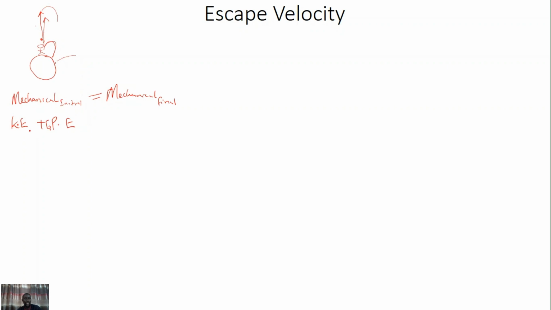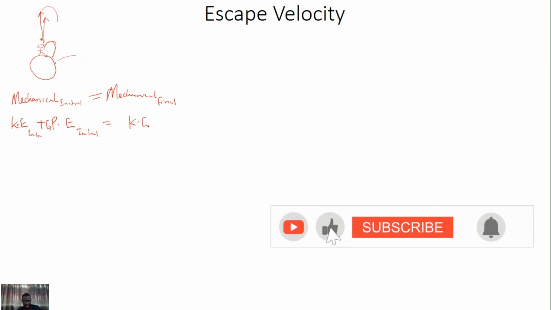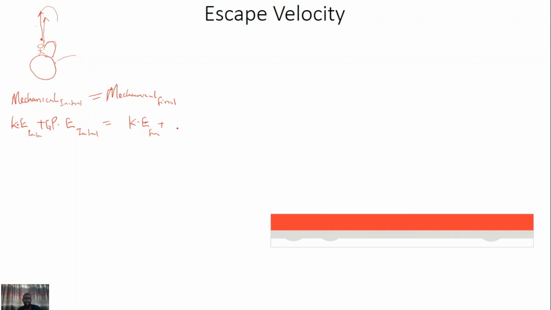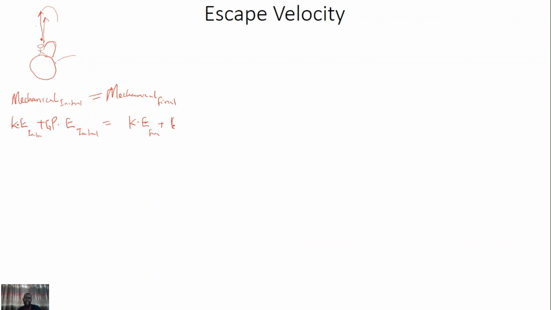The initial kinetic energy plus the initial gravitational potential energy must be equal to the final kinetic energy plus the final gravitational potential energy of the body. So, what is kinetic energy? We know that the kinetic energy is half mv squared.